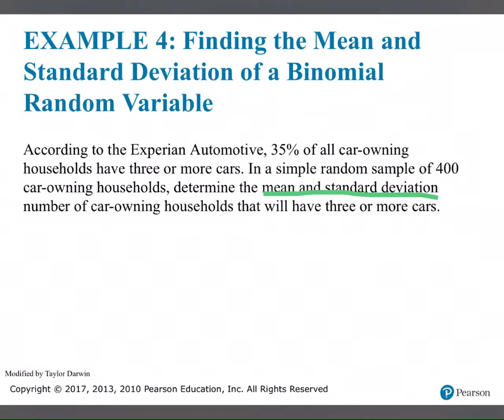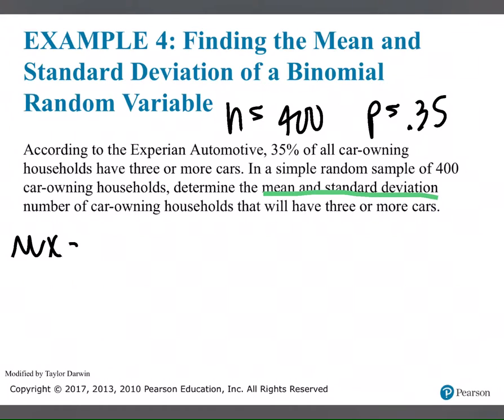So first, we need to identify what your n is and your p. Your n is always how many trials or samples you're looking at, so in this case 400. And your p is that proportion of success that you're given, so 0.35. If you want to find the mean and standard deviation, we're going to use the formulas that we were just given.